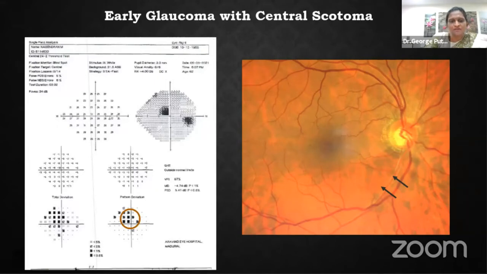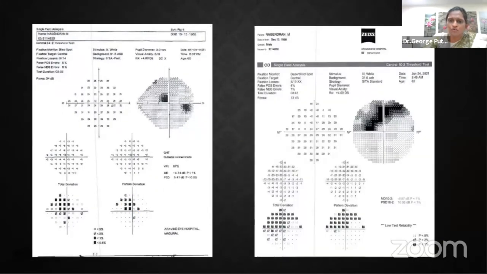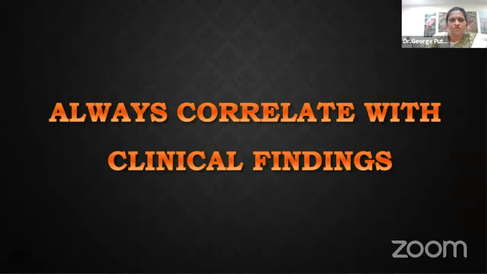When the same patient underwent a 10-2, more scotomas, that too absolute scotomas, were picked up within the 5-degree field. This implies that whenever there is a central scotoma in the 24-2 or clinical suspicion of an RNFL defect close to the macular area, a 10-2 and a macular program give us a better idea about the retinal sensitivity near the macula. So always correlate with the clinical findings.